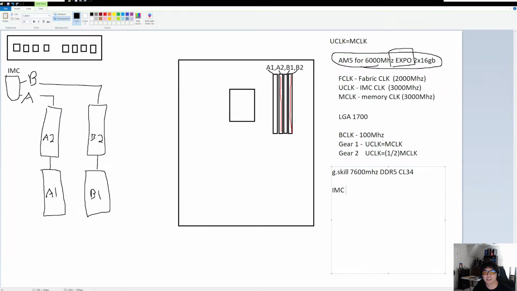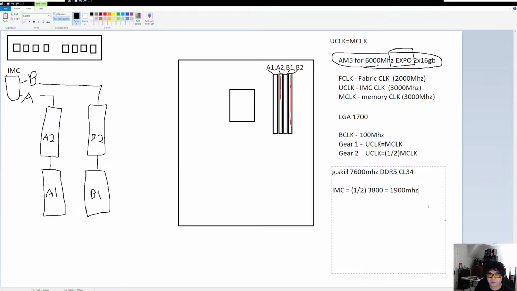The IMC is going to equal half of the actual memory speed, which is 3800. So half of that is what the IMC is going to be running at, which is 1900. This is what the IMC on the 13th gen is going to be running at with RAM clocked that high.